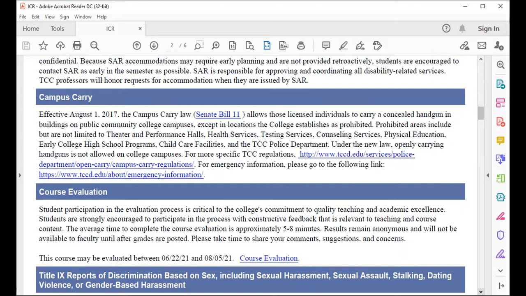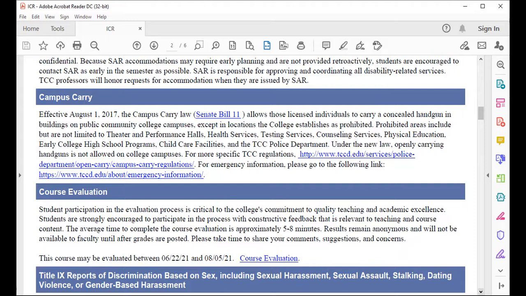Me personally, I don't know why you'd want to do that, but that's not my business. If that is the case, there's a few things here that must be concealed. We had somebody a few years ago who open carried, and they were quickly arrested by the TCC Police Department. This doesn't so much apply to this semester, because we're meeting virtually. But this applies henceforward, when we come back and meet in person.